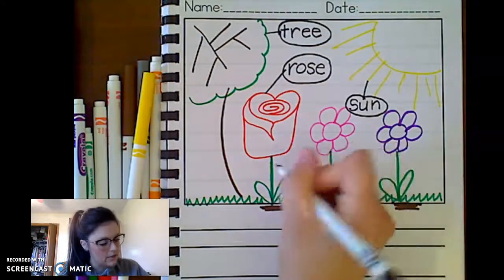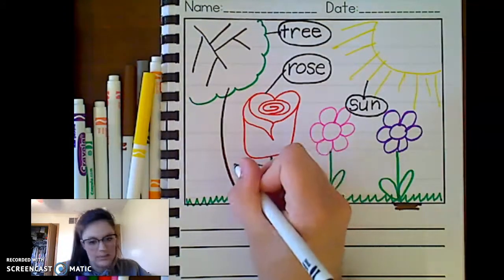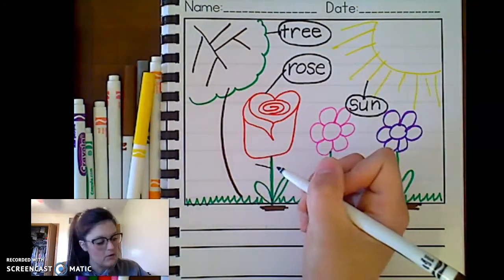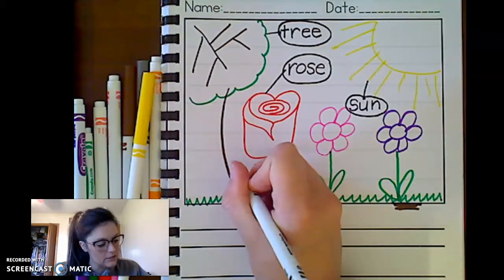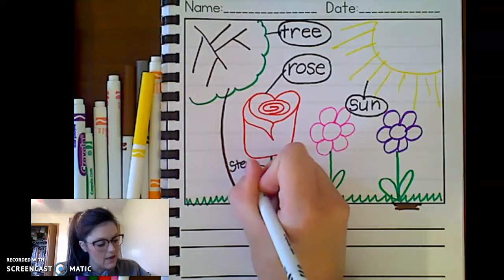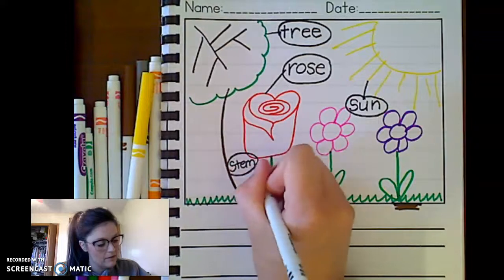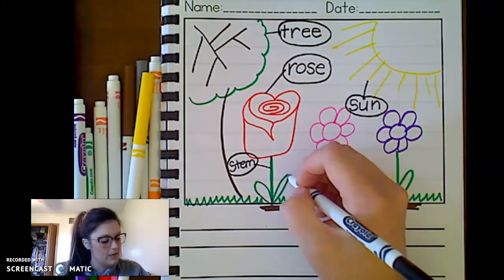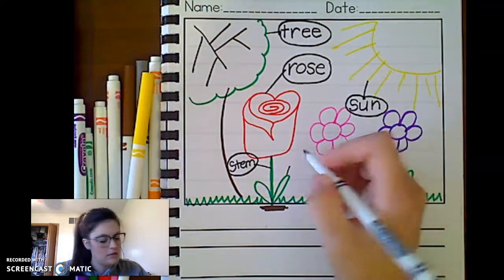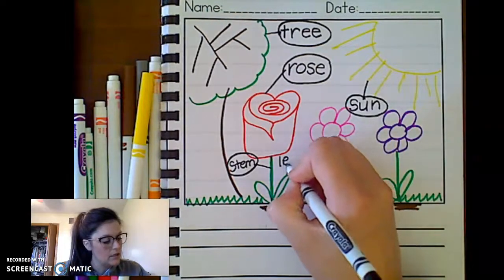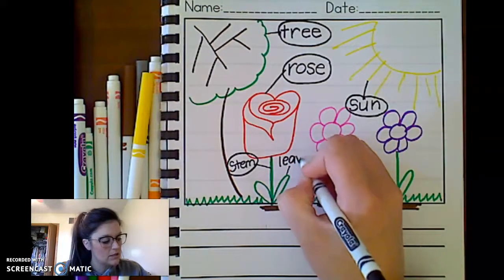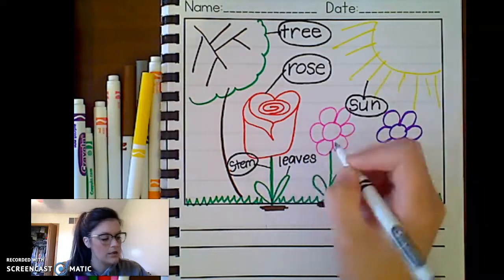Now we can even go down here and say that this is our stem because we talked about the different parts of a plant. So stem, okay? Then we have leaves, okay? E. Now we also talked about when two vowels go walking, okay?